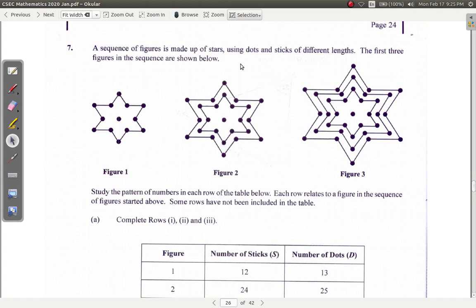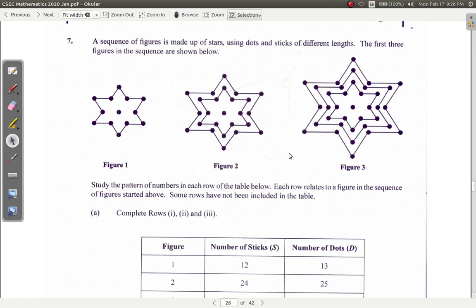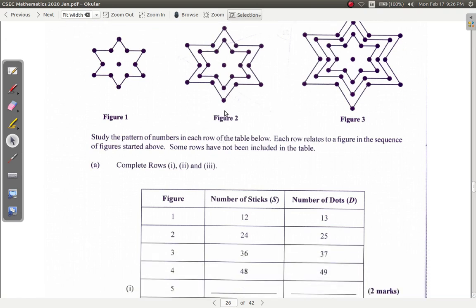Question 7, you have a sequence of figures made up of stars, dots and sticks of different lengths. Okay, good. And I guess you must show the next figure in the sequence. Oh, it says each row relates to the figure in the sequence above.